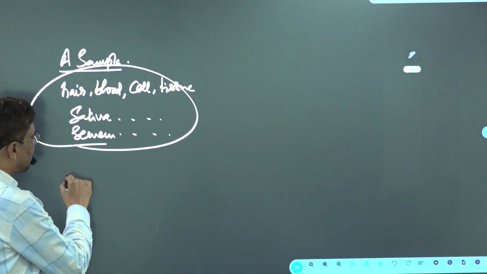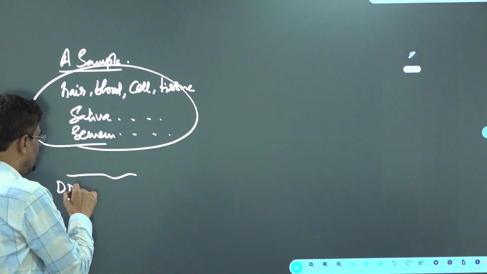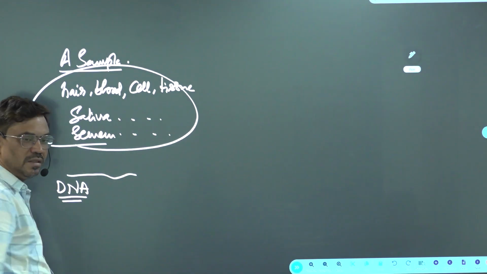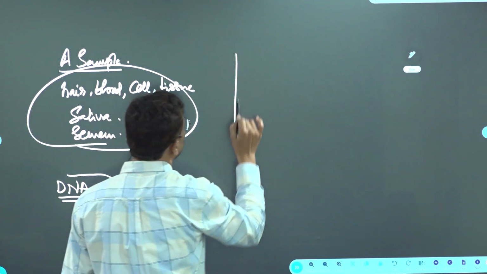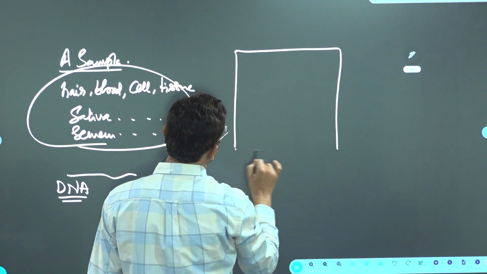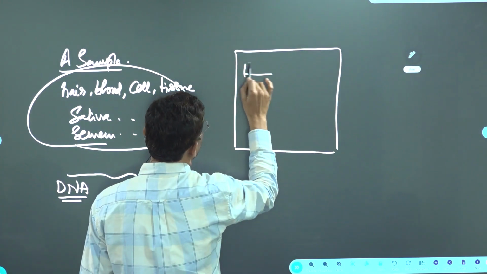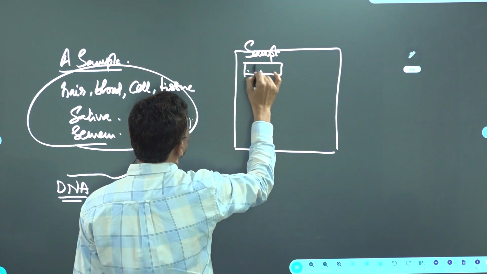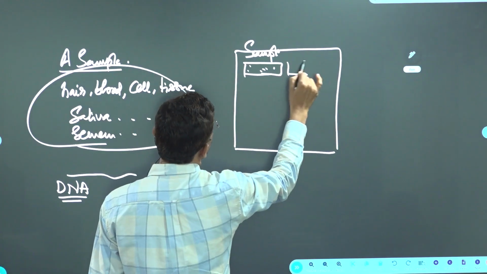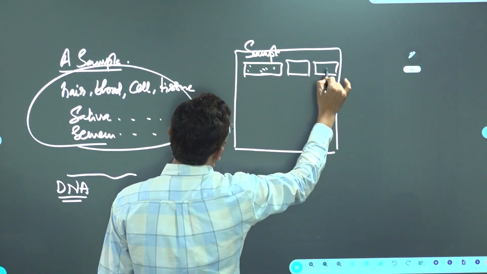And the DNA is extracted from this. An electropherogram is made from this. So this is the sample DNA, and this is the DNA collected from the suspects.